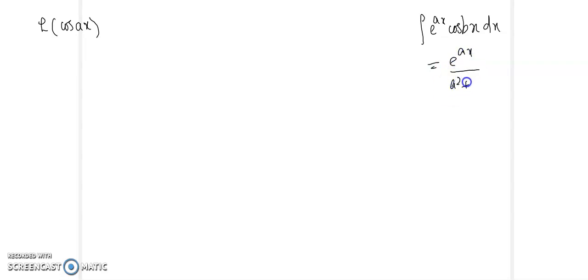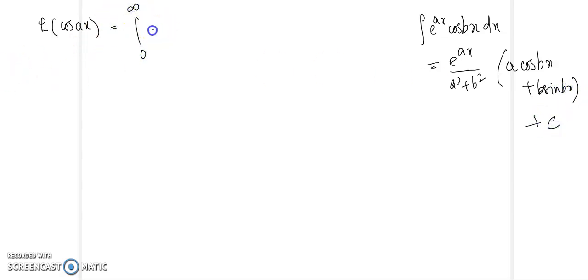And similarly, if you want to find L of cos ax, we use the integral e raised to ax cos bx dx, which is e raised to ax by a square plus b square, times a cos bx plus b sin bx, plus c. So you need to find the integral e raised to minus px cos ax dx.